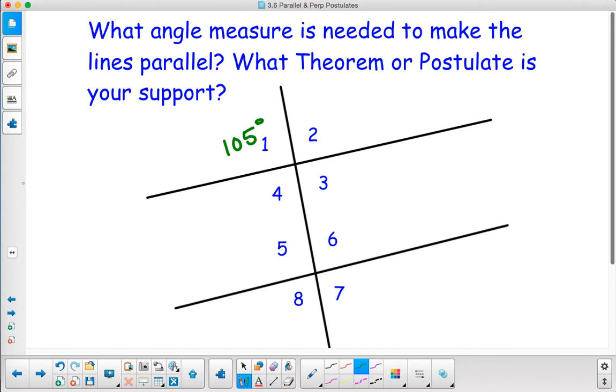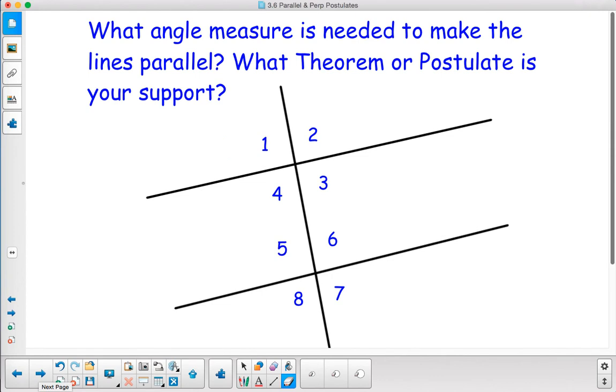One possible answer was if angle 5 was 105 degrees, then the lines would be parallel because of the corresponding angle postulate converse. Another possibility, angle 7 being 105 degrees. That would be the converse of the alternate exterior angle theorem. Okay, with angle 1, those would be the only two methods.